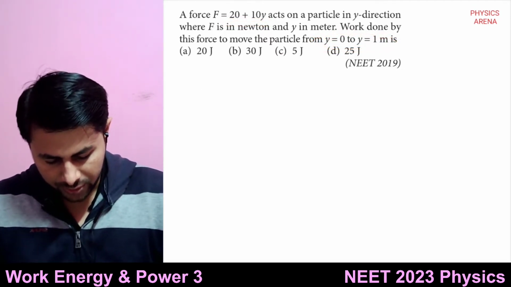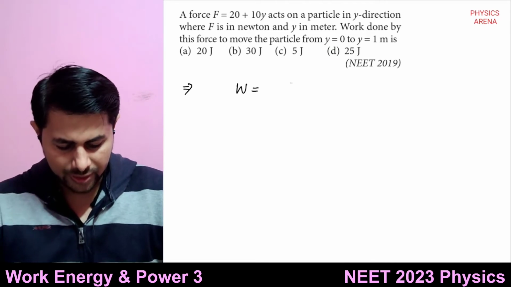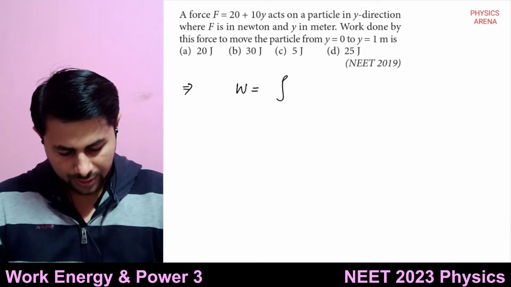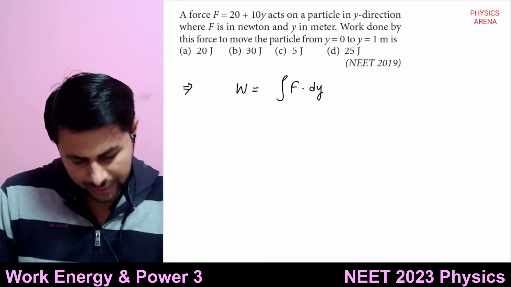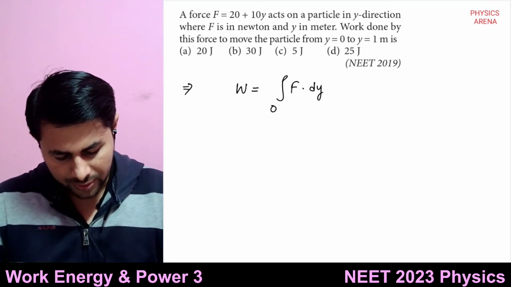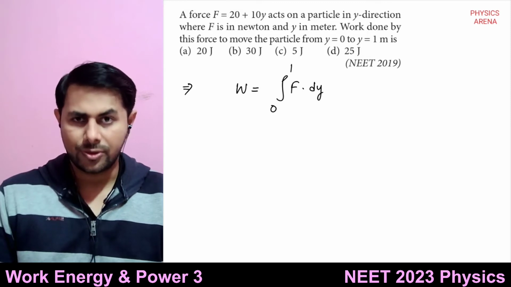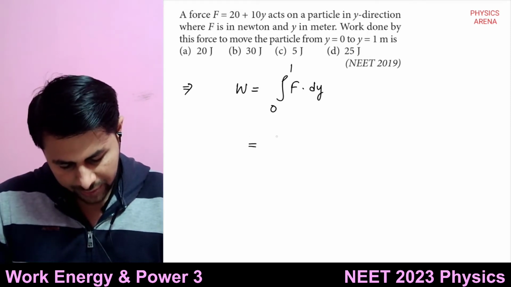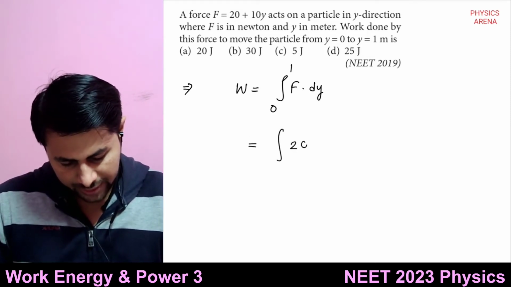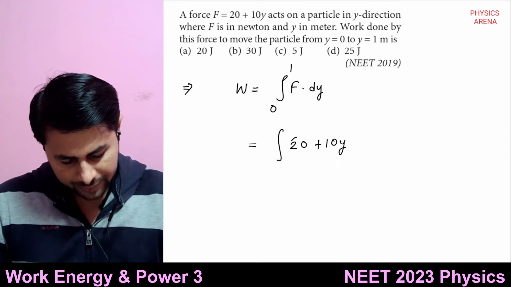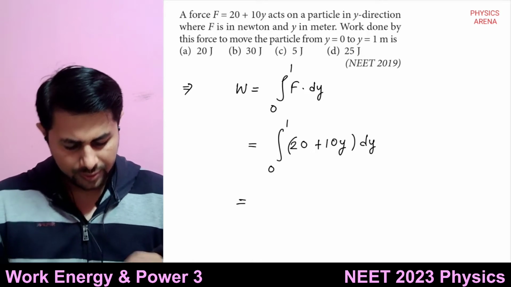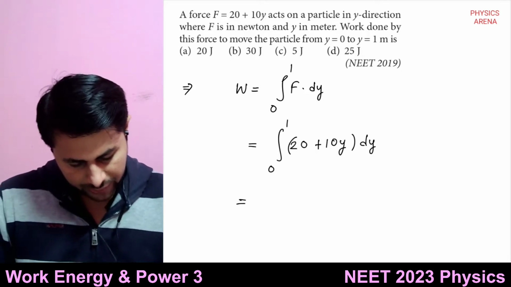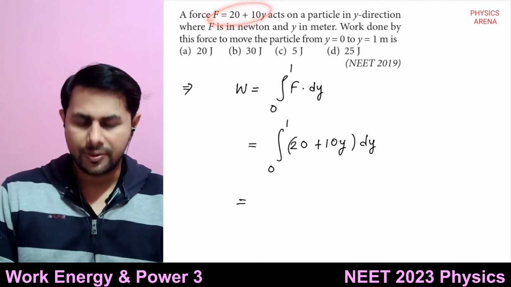So the work done is equal to the integral of F dy from y equals 0 to y equals 1, and it is equal to the integral of 20 plus 10y dy from 0 to 1. That's the value of force, 20 plus 10y.